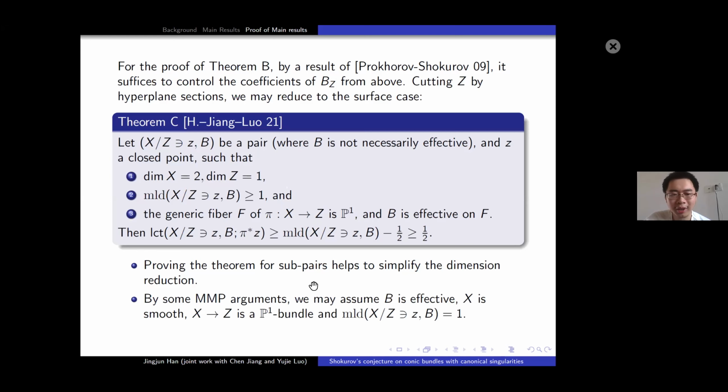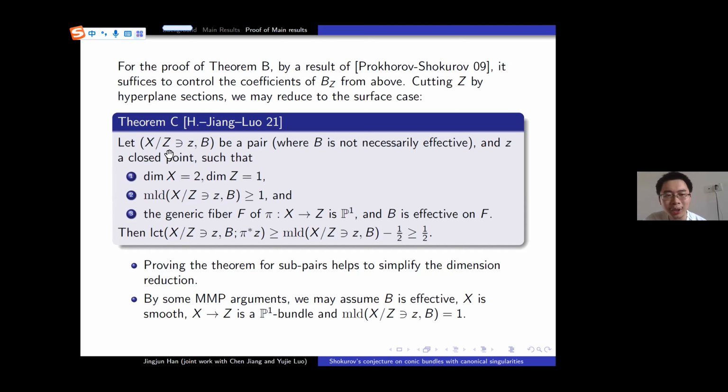And so then by some MMP arguments, although in our theorem C we assume that (X, B) → Z is not necessarily effective, and X may have some singularities.